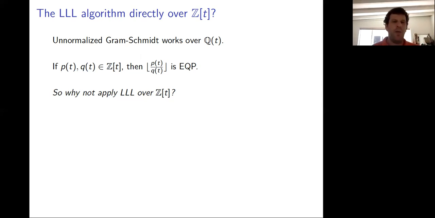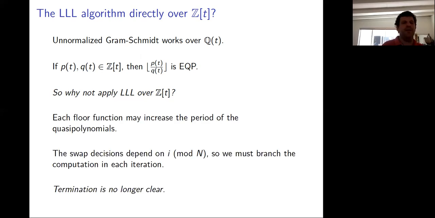So why not just apply the LLL algorithm over Z[t], or well, over the ring of EQP functions? Well, there are a couple of issues. One is that each time we take a new floor, we're going to be making more quasi-polynomials, and the periods, or the common period, will get bigger and bigger.